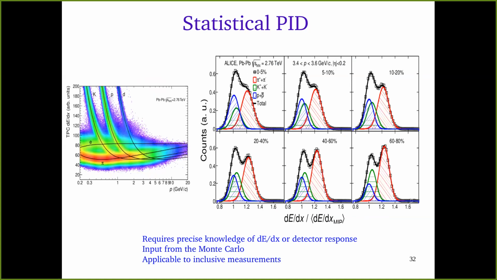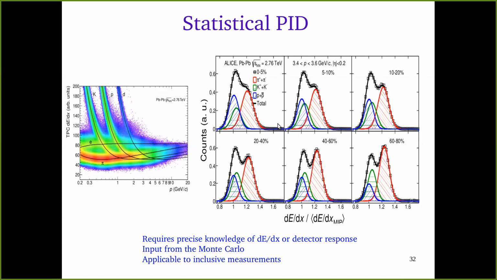But the statistical PID requires some a priori knowledge. You cannot just do the statistical PID immediately from the data. So what you do, you just project any of your detector response, say dE/dx. You can see these projections of dE/dx, and then you use your a priori knowledge.